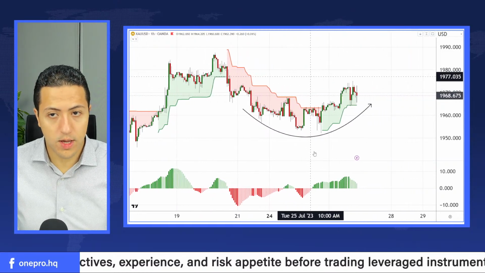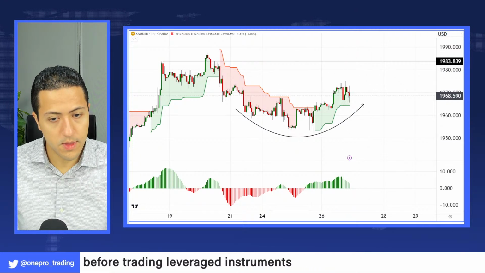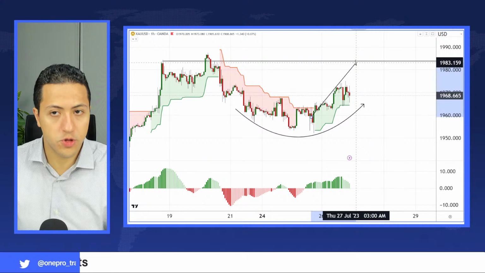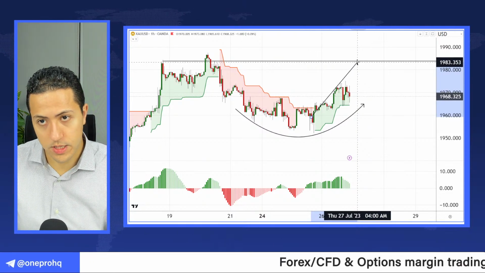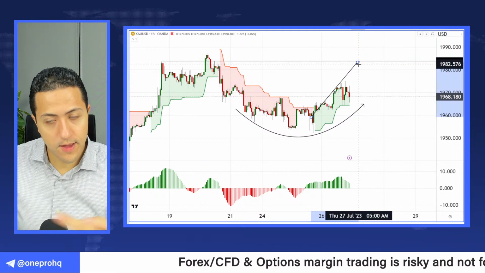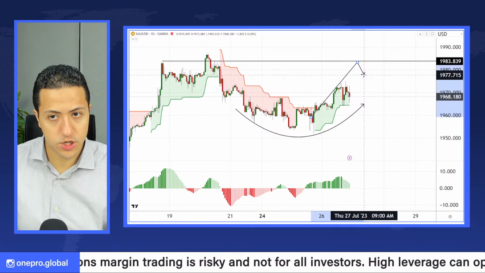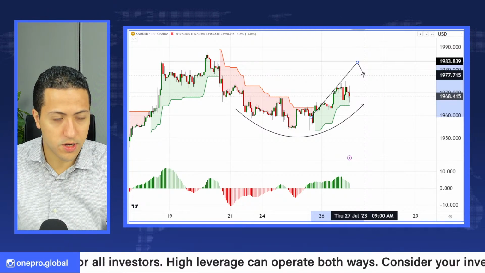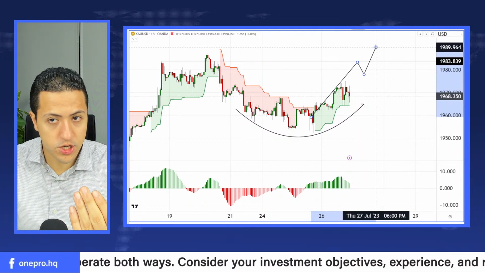Personally, okay, if this is 1983, and if you have this upward move to 1983, which is something I expect and I hope that we can see in the markets, never short as soon as you see bearish price action from here, okay? Because it's a 1 hour time frame. Because maybe you can short after this bearish price action and then you get stopped out.